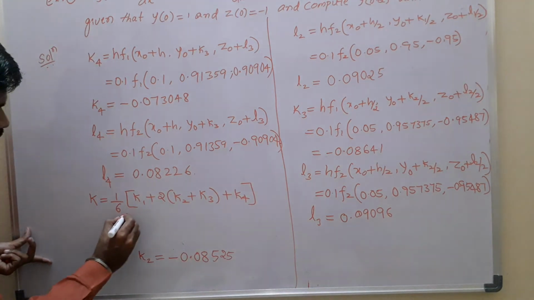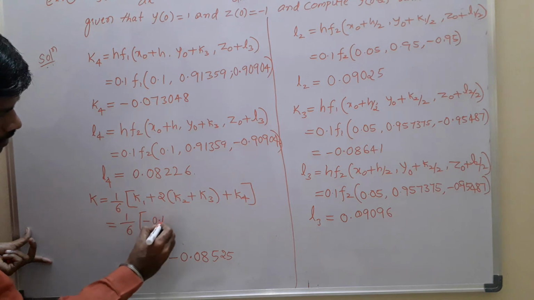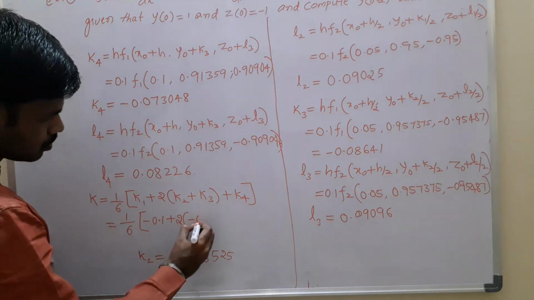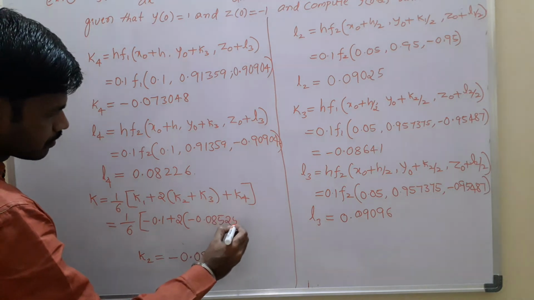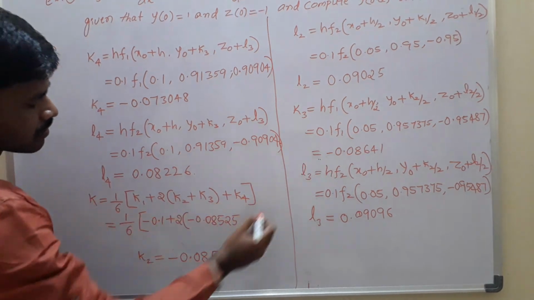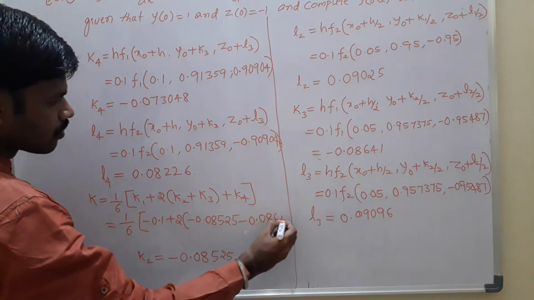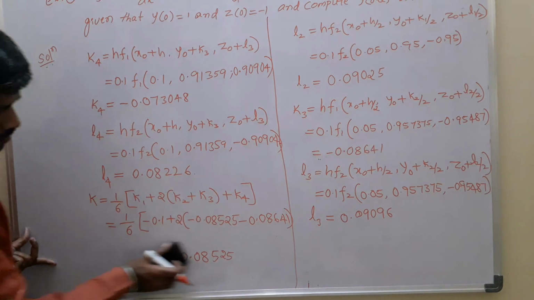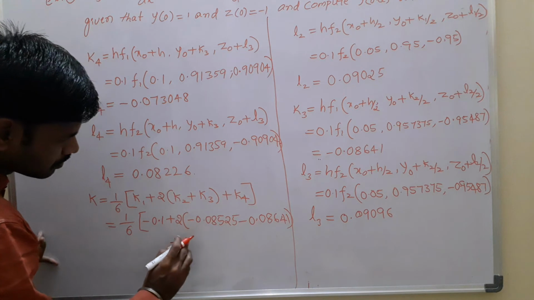So that is equal to 1 by 6, k1 is minus 0.1 plus 2 into k2 is minus 0.08525, k3 is minus 0.08641, plus k4.